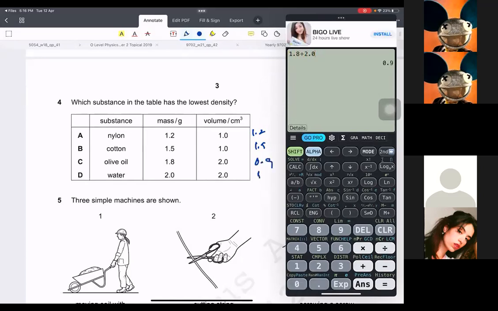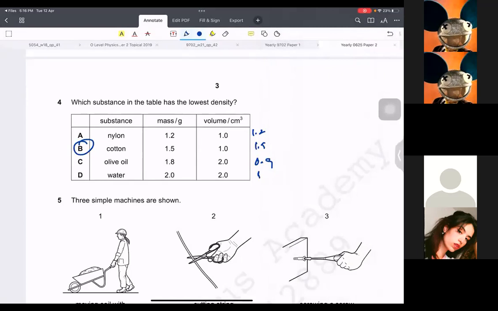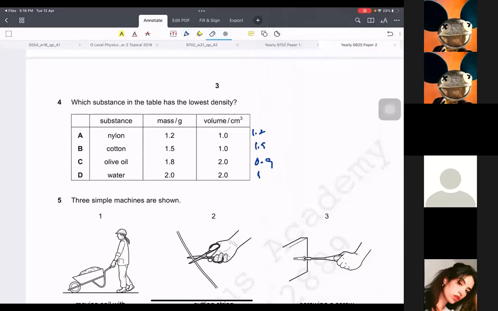So the greatest density will be cotton, right? Yep, cotton. But they're asking for the lowest density. Sorry, then it should be olive oil.